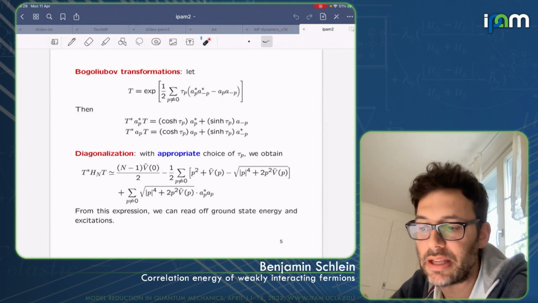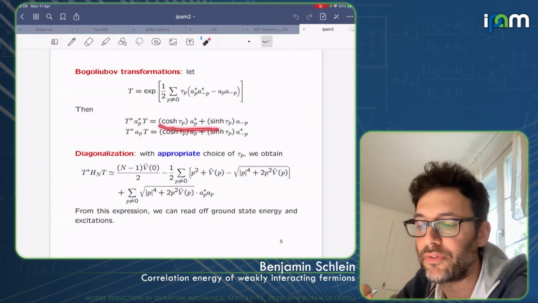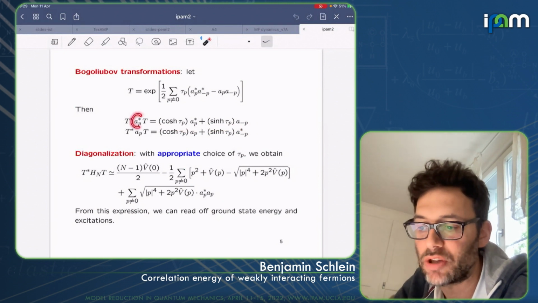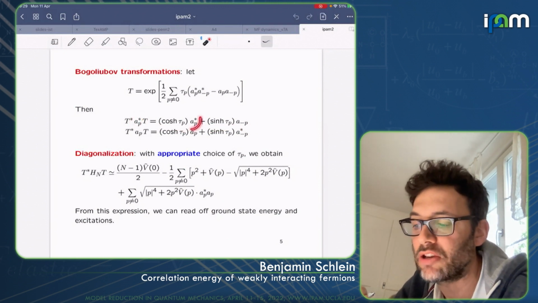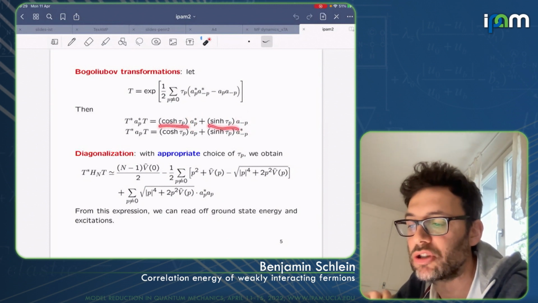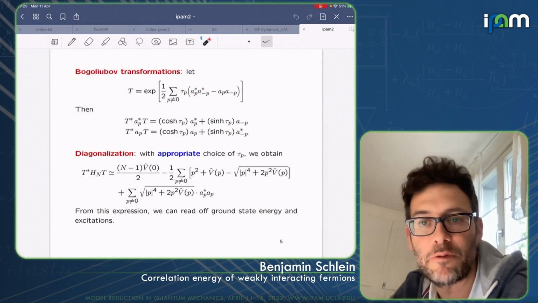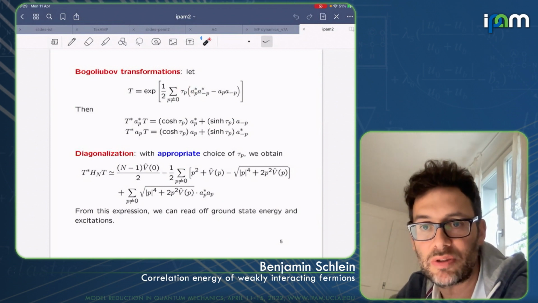So if you conjugate a or a star with T, you get this kind of symplectic rotation of a and a star. You see, the conjugation of a star is a linear combination of a star and a, with coefficients which are determined by the sequence tau_p appearing in the transformation.